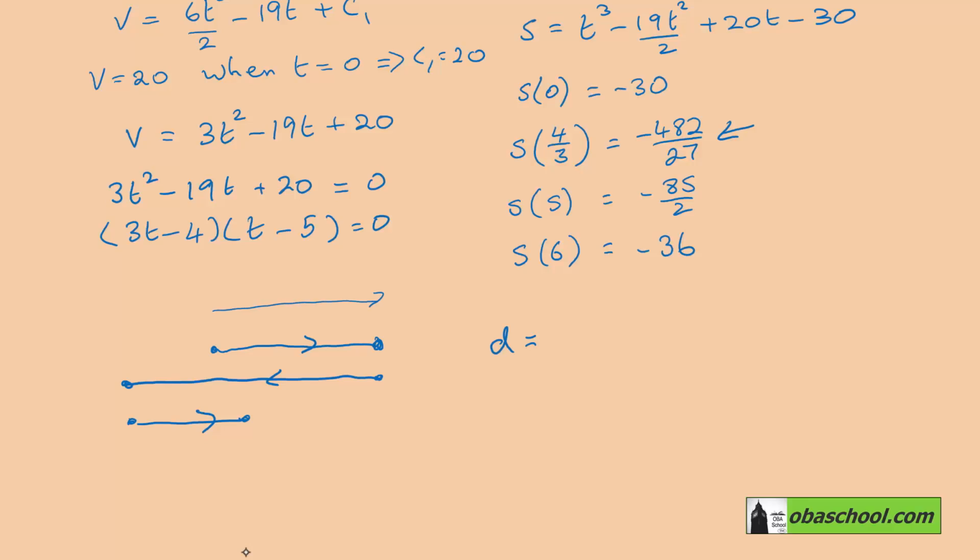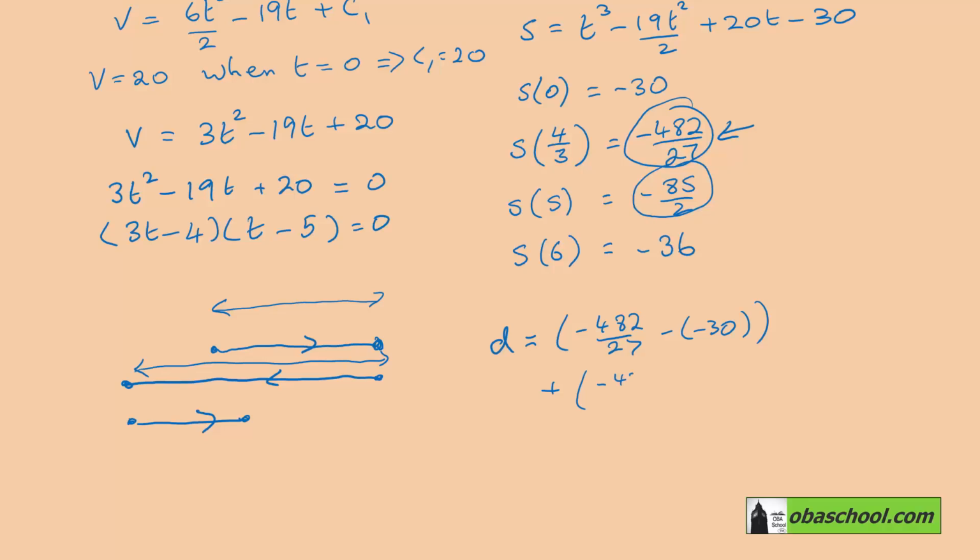So how far did it travel here? So in the first part of the journey, that's negative 482 over 27, take away negative 30. Then we need the middle part of the journey, where it travels from here to here.